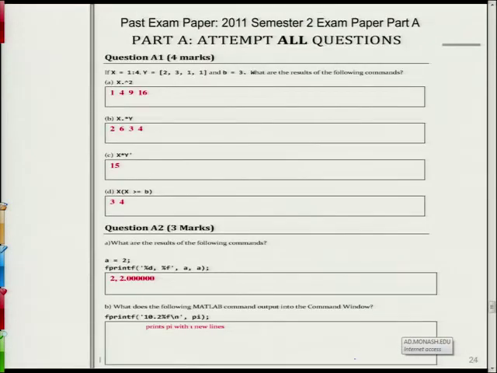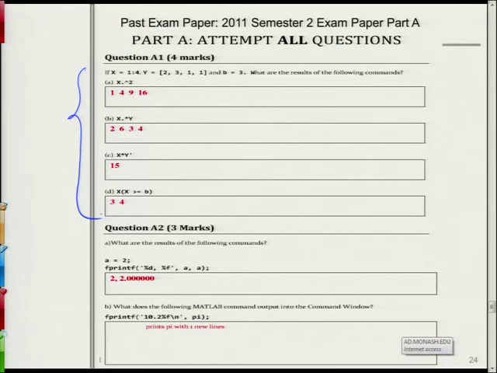And now I choose a few examples from a past exam paper, basically 2011, semester 2. I give you 1 minute to read this A1. A1 is very easy.